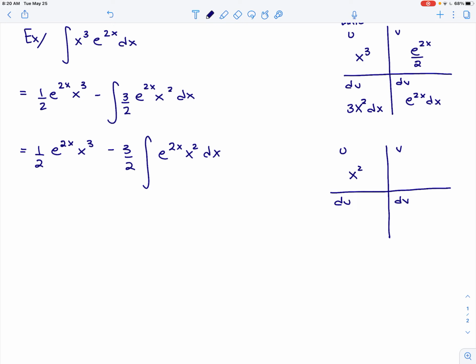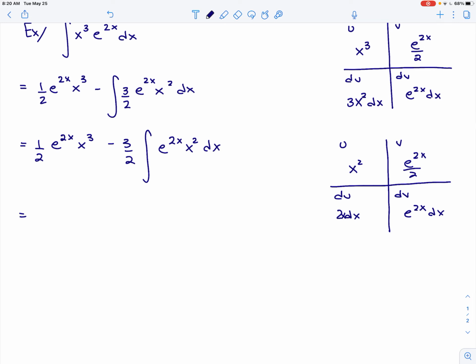So now I have the x squared, which gives me 2x dx, and I have e to the 2x, which gives me e to the 2x over 2. Okay, so I'm just going to be careful here. So minus 3 over 2 times all of this.